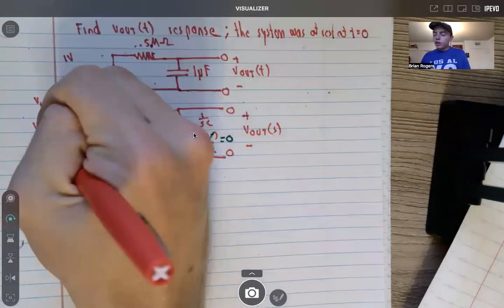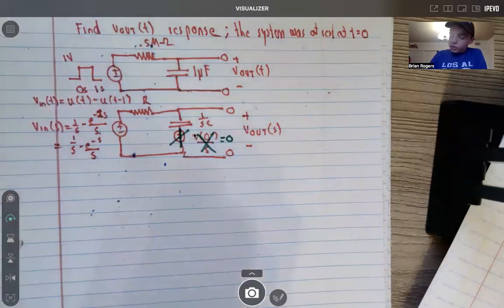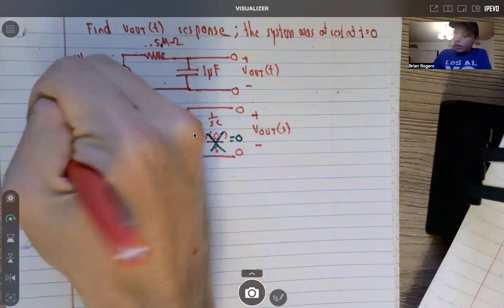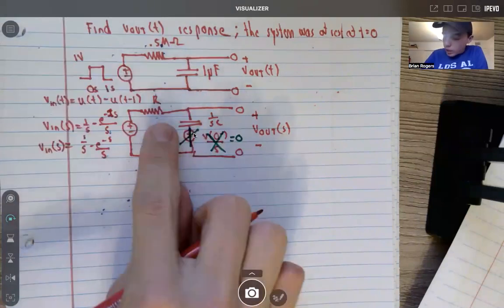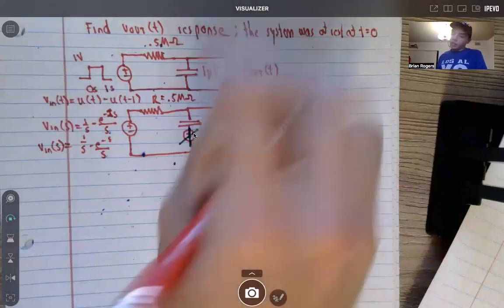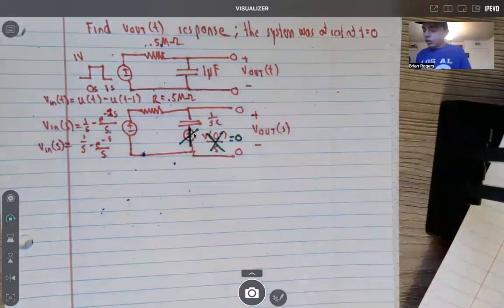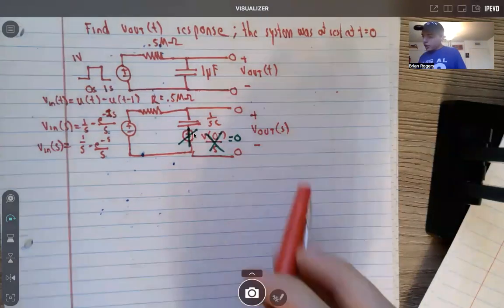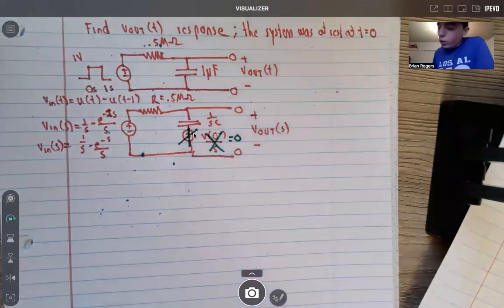Okay, so now you've got your voltage at the source here, your V in of s. You've got your resistor here, which is 0.5 mega ohms, and you've got your capacitor right here. And you're trying to find the output response here. So let's make an equation.